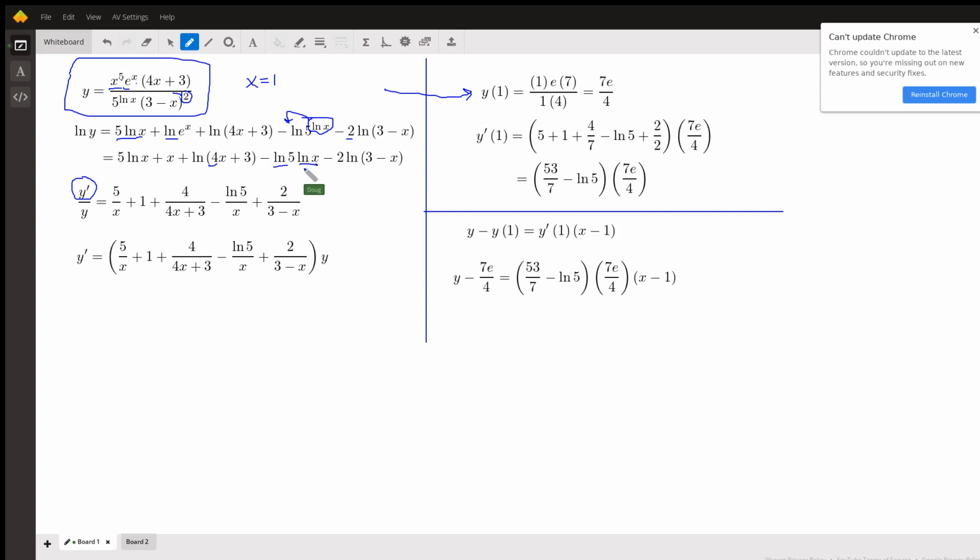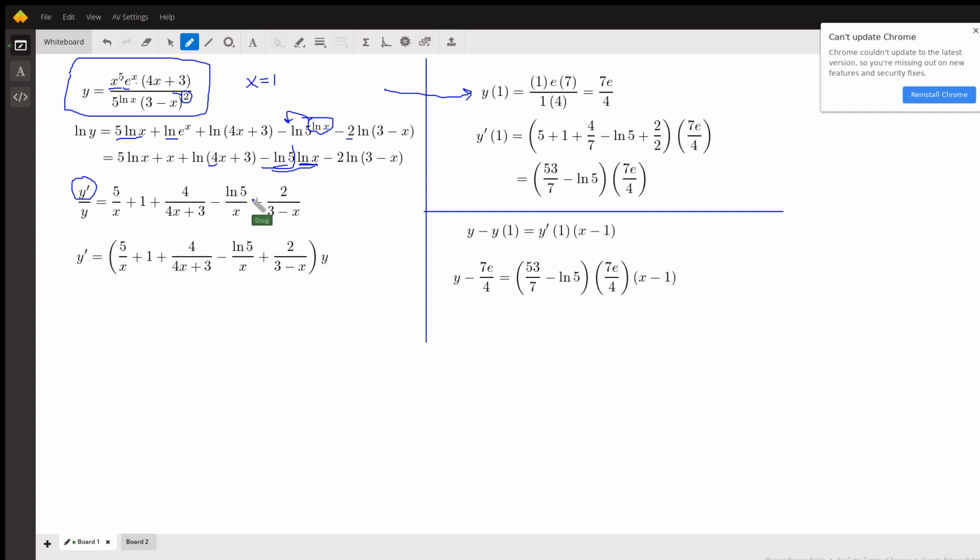The derivative of this term, this minus ln of 5, that's just a numerical coefficient. So I take that times the derivative of ln of x, which is 1 over x. And minus 2 times the derivative of ln of 3 minus x is 1 over 3 minus x times the derivative of the inside, which would be minus 1.